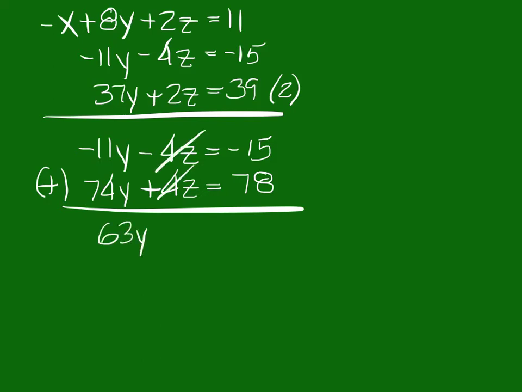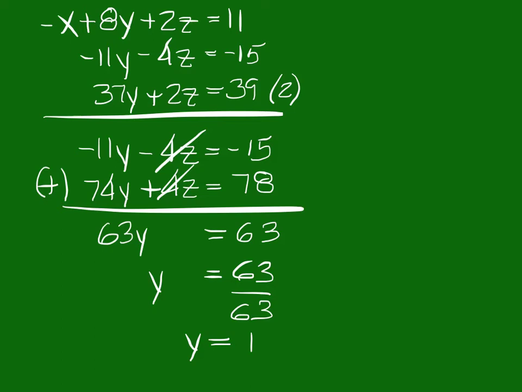The z's cancel out to 0. And then you're going to have negative 15 plus 78. That's going to be 63. So this one works out pretty neat. If you divide 63 by 63, you get a nice answer of y equals 1.